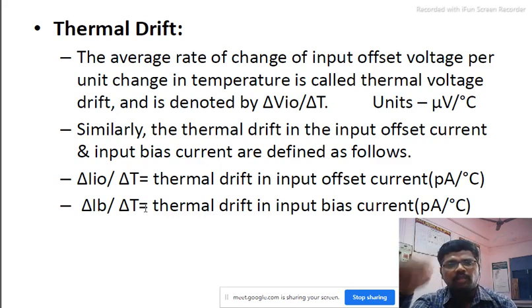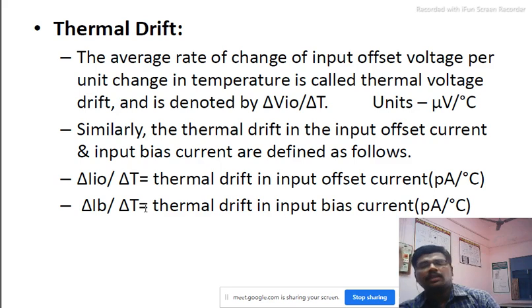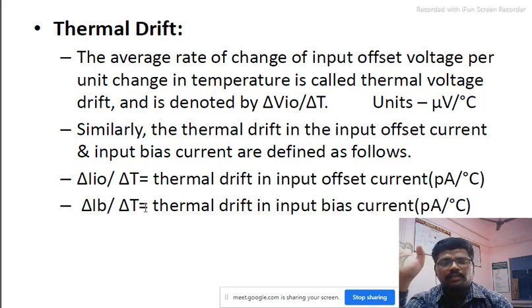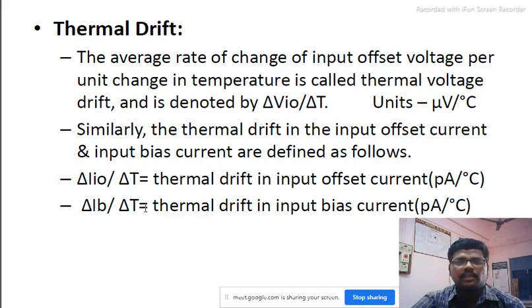At the same time, input offset current and input bias current. Therefore, when temperature is constant, the thermal drift in input offset current and thermal drift in input bias current is defined as follows.